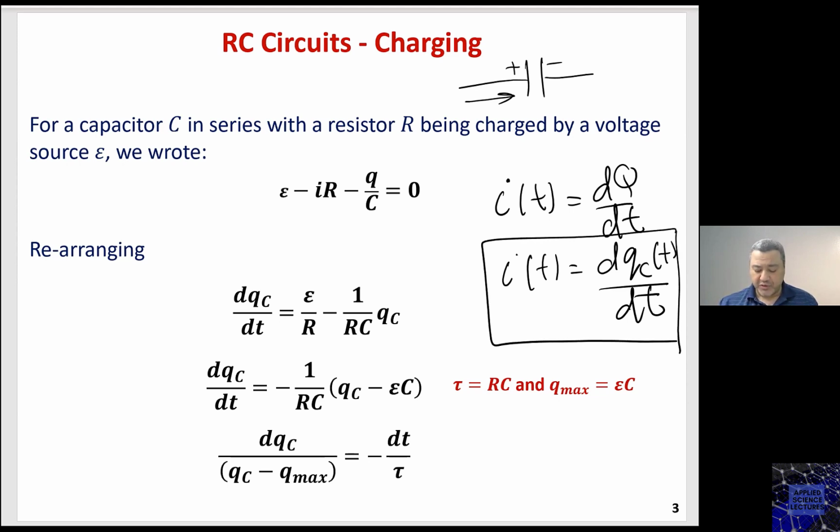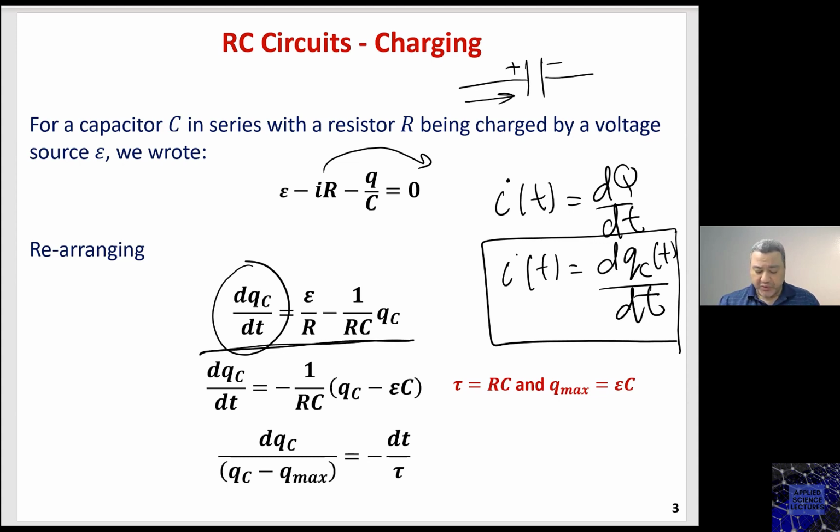Now, substituting this current with dqc over dt and rearranging by moving the minus IR to the other side and dividing by R, I get this equation.